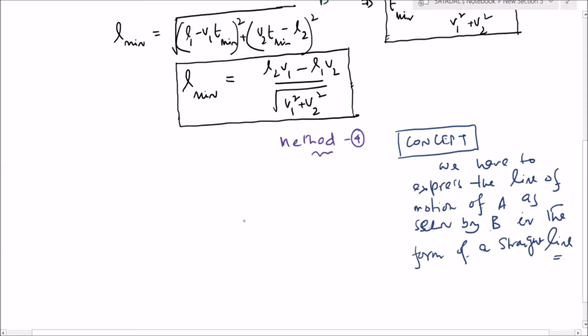Correct. So that is our first target. So let us see that this was the diagram.